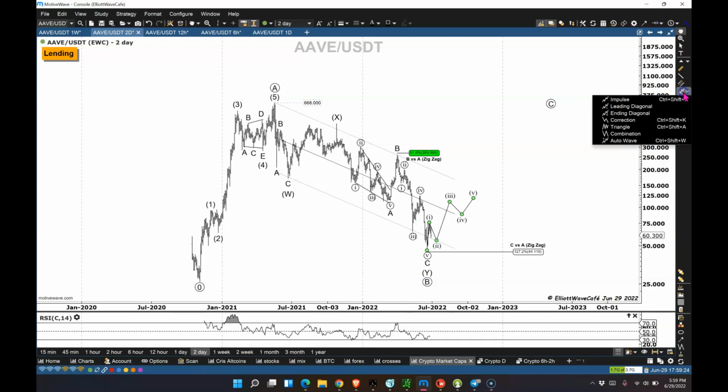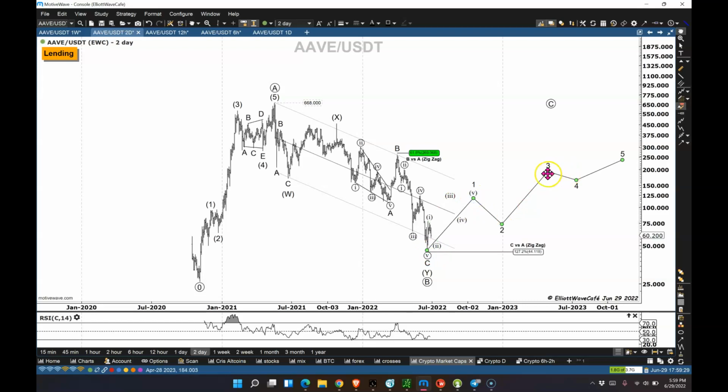And then this will create a larger degree wave 1, followed by a wave 2, 3, 4, and then let's just connect these in there with the wave 5. We will connect that to the wave C, and the software automatically will place it in there. So this is how I would see some type of a C wave developing, let's say, in AAVE. But first of all, we need to see this move out of here start to unfold. Now we only have a possible wave 1.